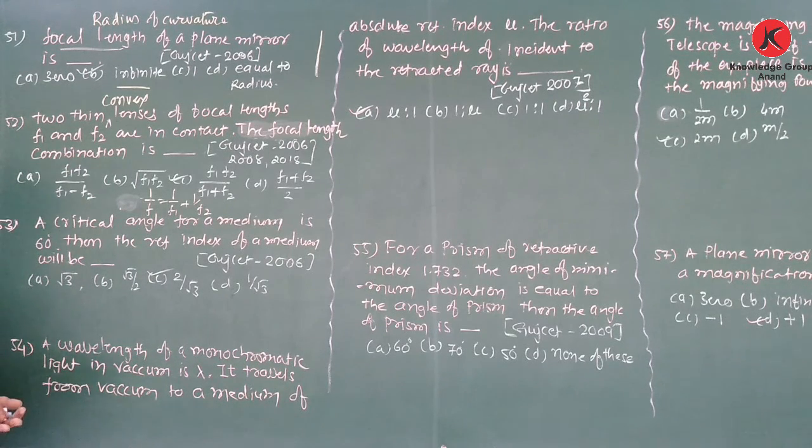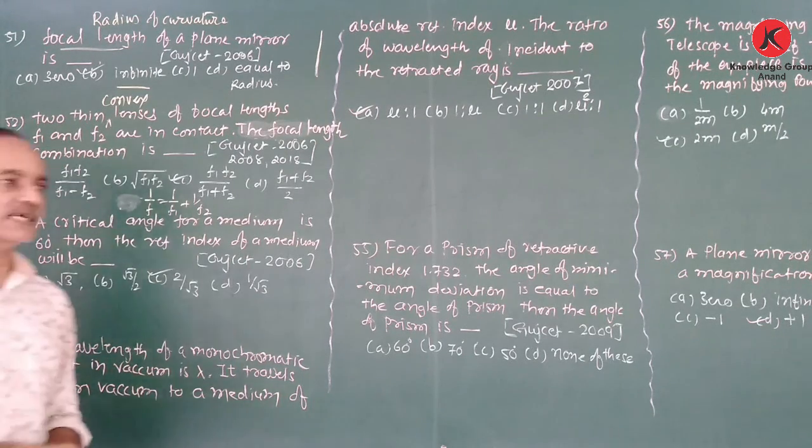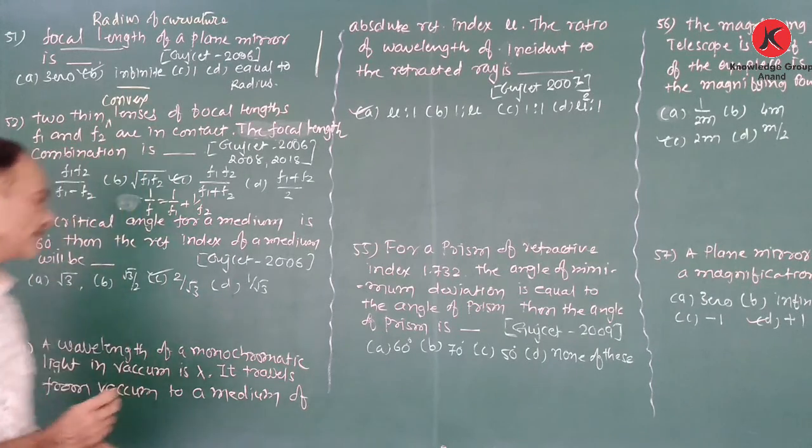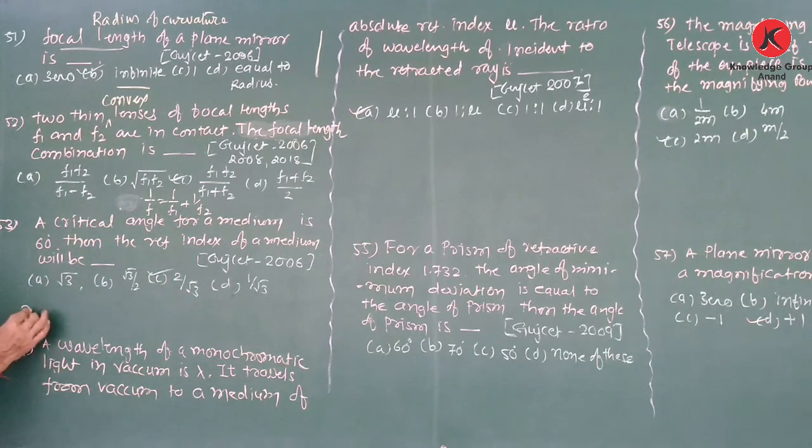Okay. After that, the critical angle for a medium is 60 degrees. Then the refractive index of the medium will be? We know the relation between the refractive index of a medium and the critical angle: n is equal to 1 upon sin c, or sin c is equal to 1 upon n. We require the refractive index of the medium.